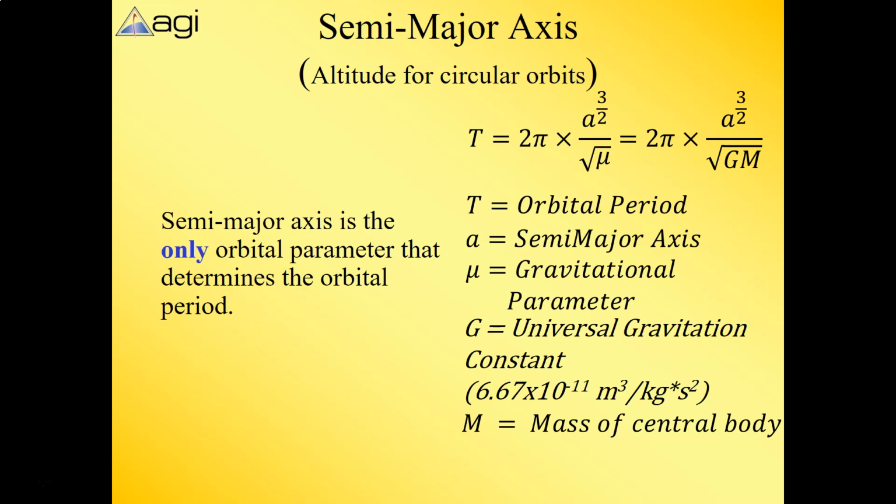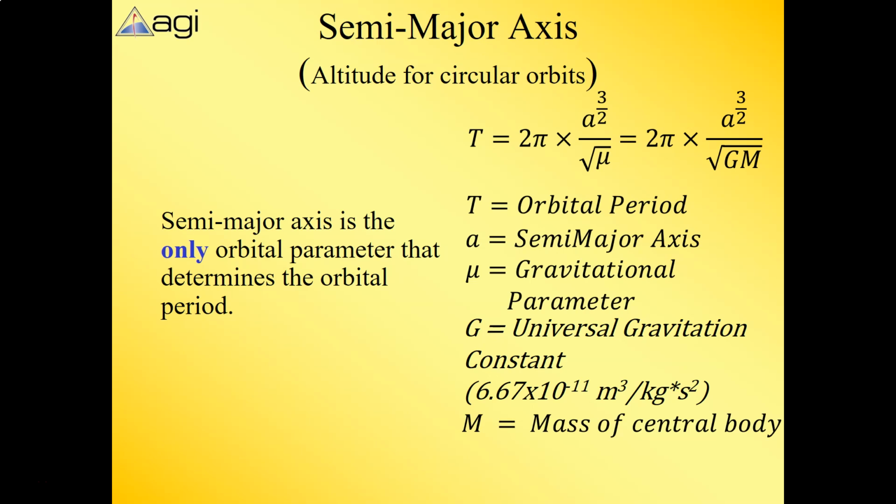So what we're saying is that a period of time deals with 2 times pi times the distance of our semi-major axis raised to the 3/2 power over the square root of the gravitational parameter, mu.